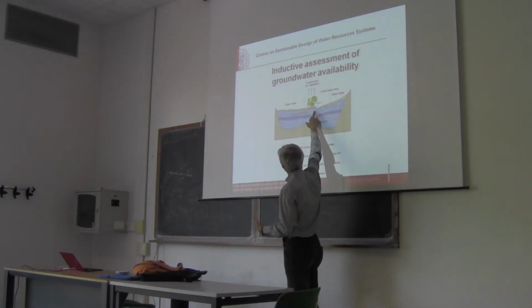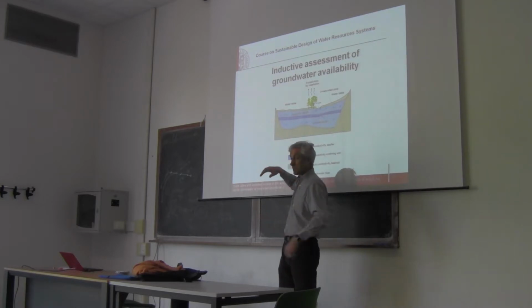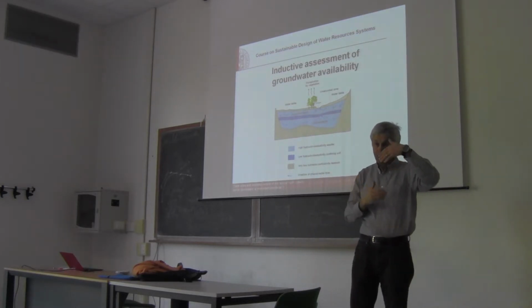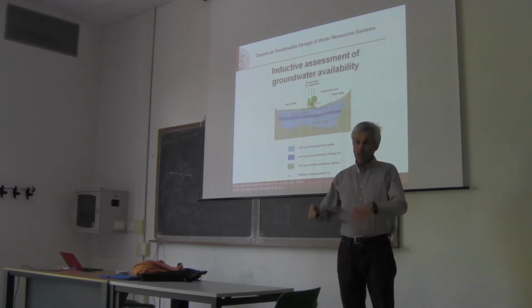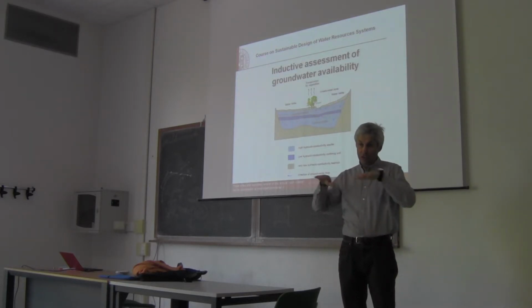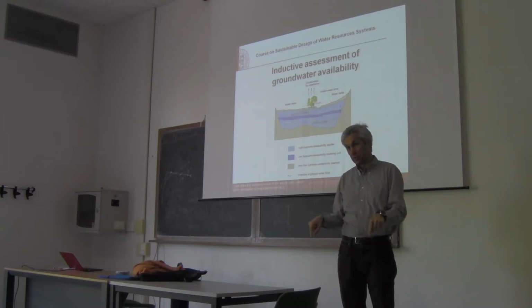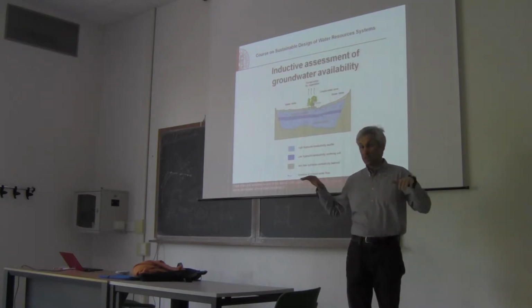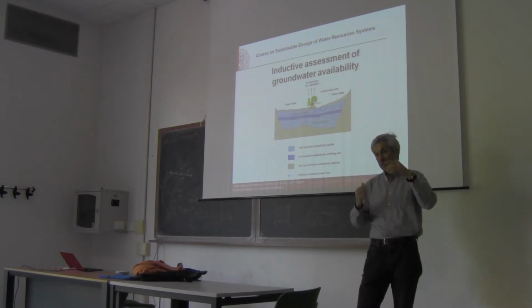The upper aquifer is called unconfined. It means that the water table has a direct interaction with the atmosphere. In this case, it's a free surface. It's underground, but it's a free surface, a horizontal surface, and it's free because it's in direct contact with the atmosphere.